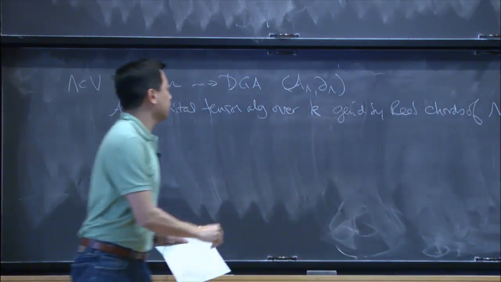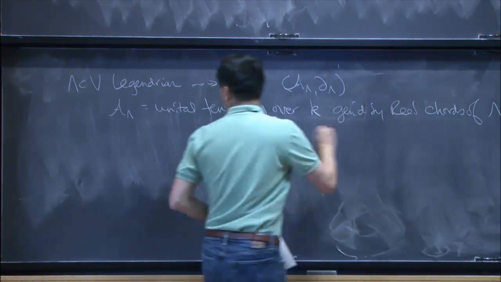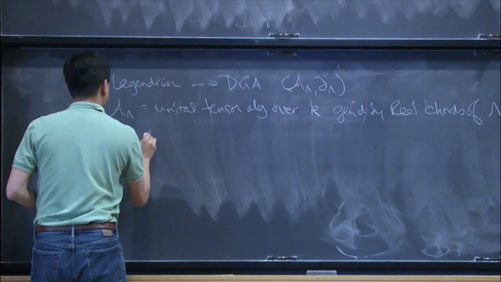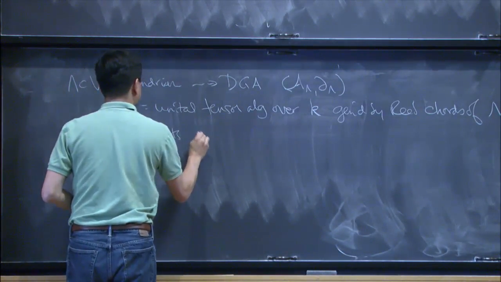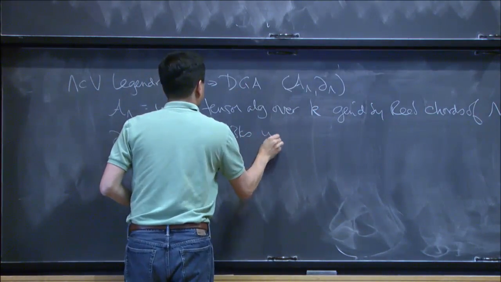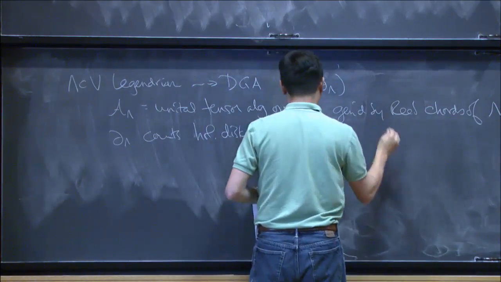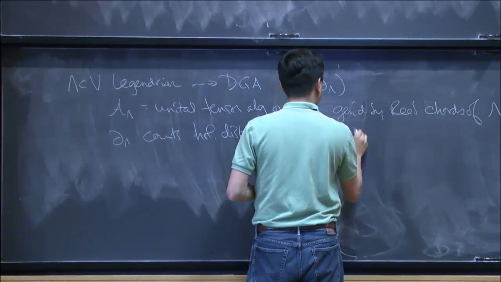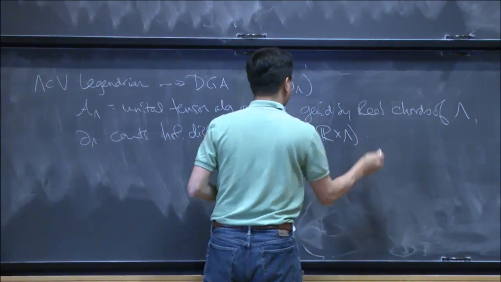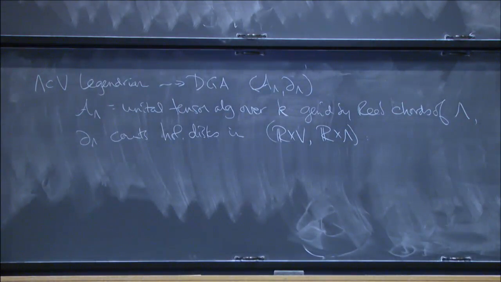of lambda. And the differential counts certain rigid holomorphic disks in the symplectization R cross V with boundary on the Lagrangian cylinder R cross lambda. And so I've tried to draw a picture of this here.